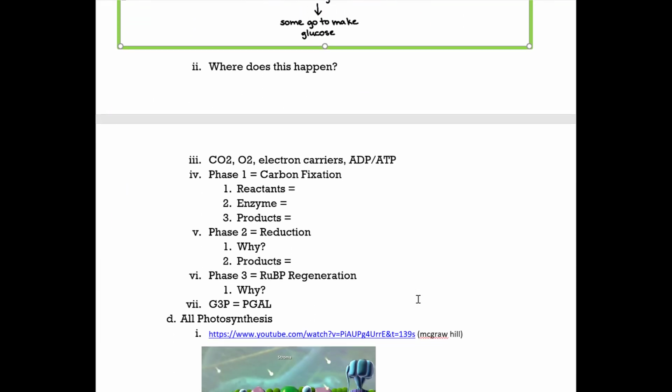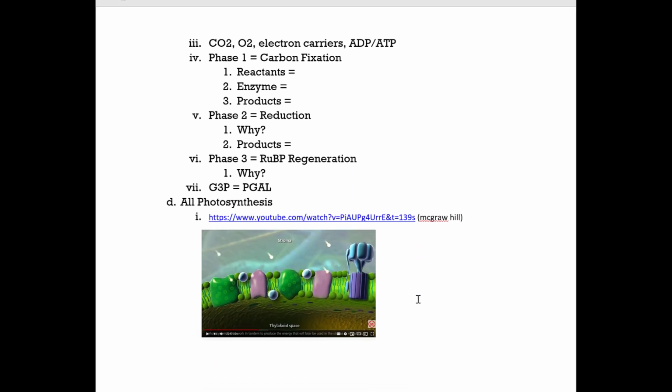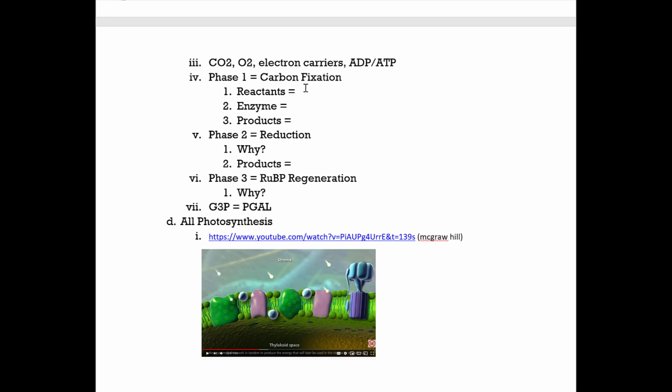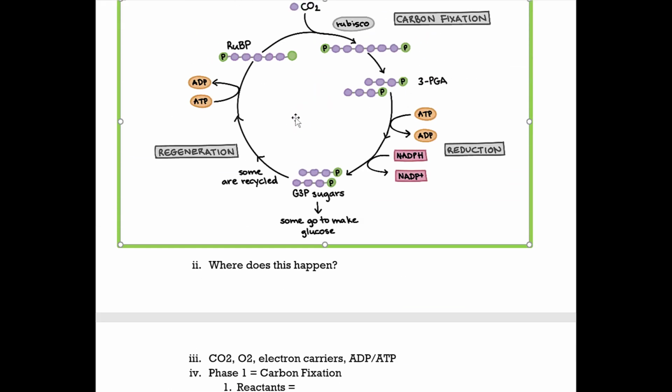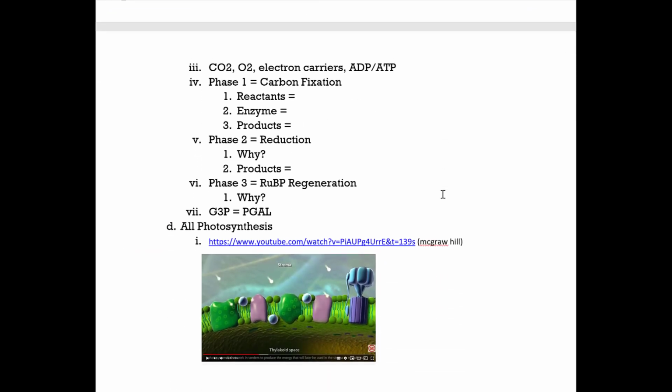All right, knowing the input and output molecules for the Calvin cycle, so the reactants for carbon fixation would be RUBP and carbon dioxide. The enzyme is Rubisco, and then the products would be these PGA or 3 PGA molecules.